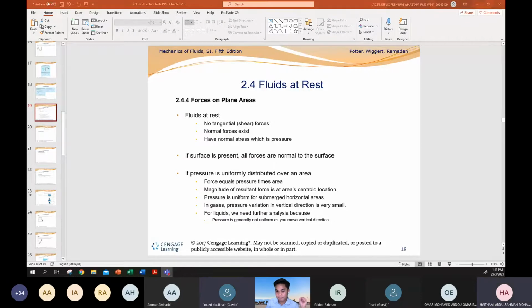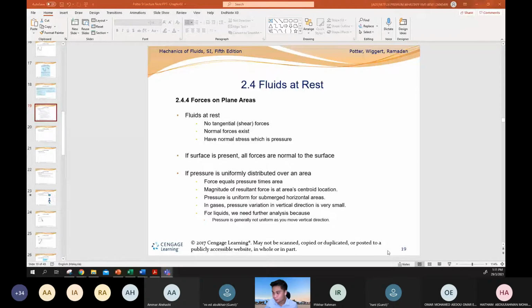Low evaporation, low vapor pressure, correct. And the second one, high density, that means low volume. So when it is low volume, the device can be designed as compact as possible.